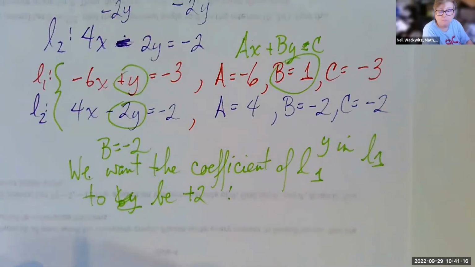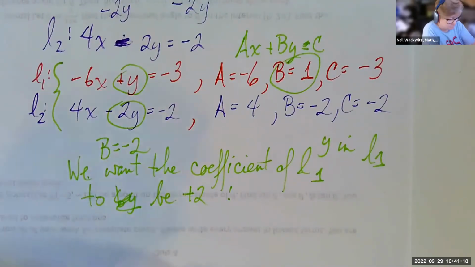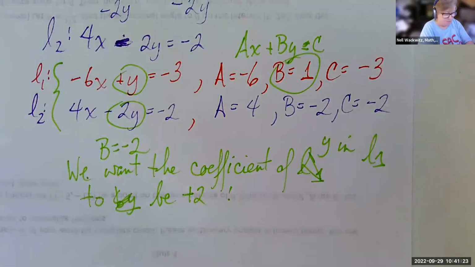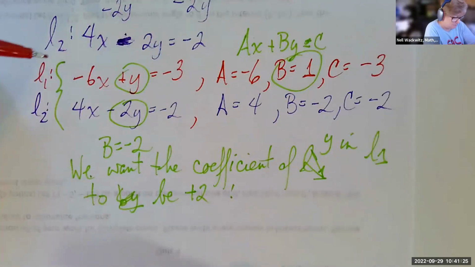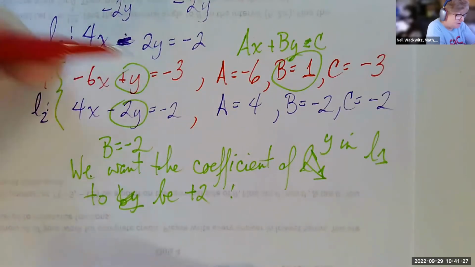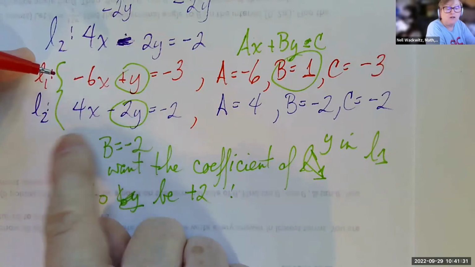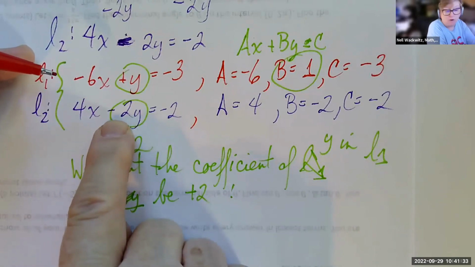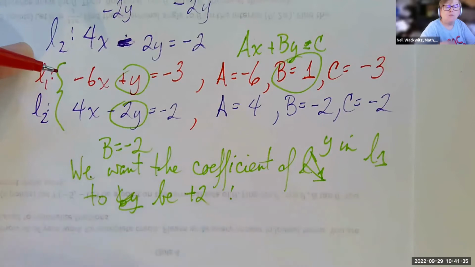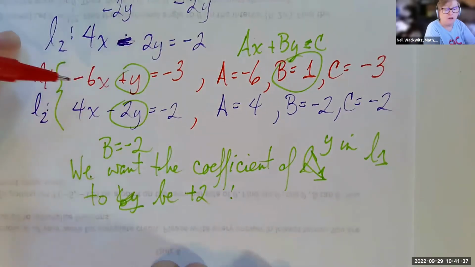How can we get that? Multiply everything by 2. Line 2 already had something that wasn't 1 or negative 1, so it told us what to multiply by. We want the opposite of that in the other line.